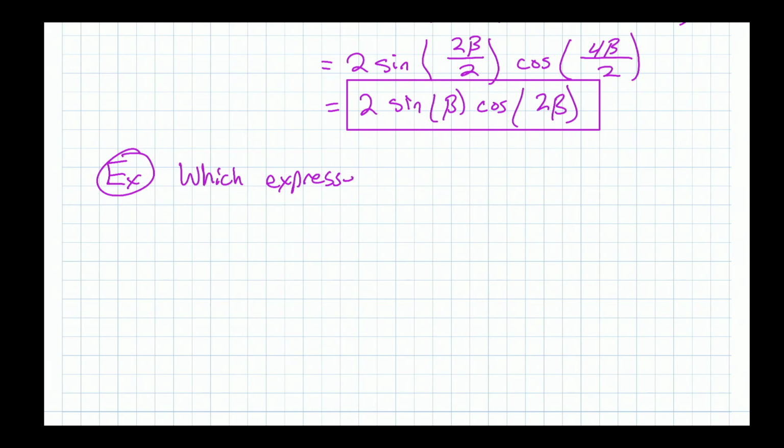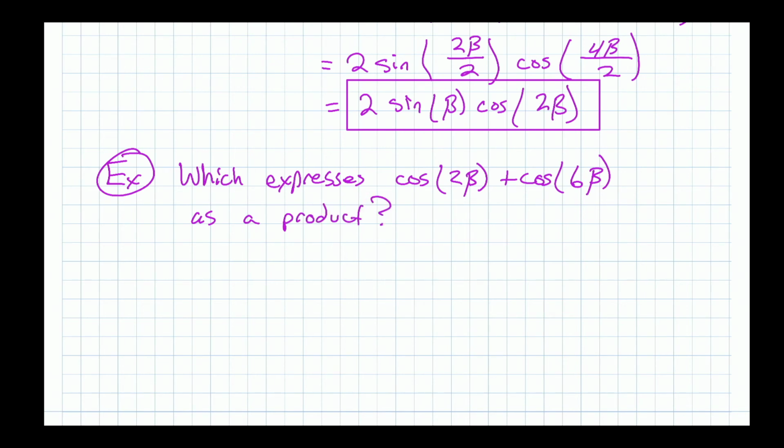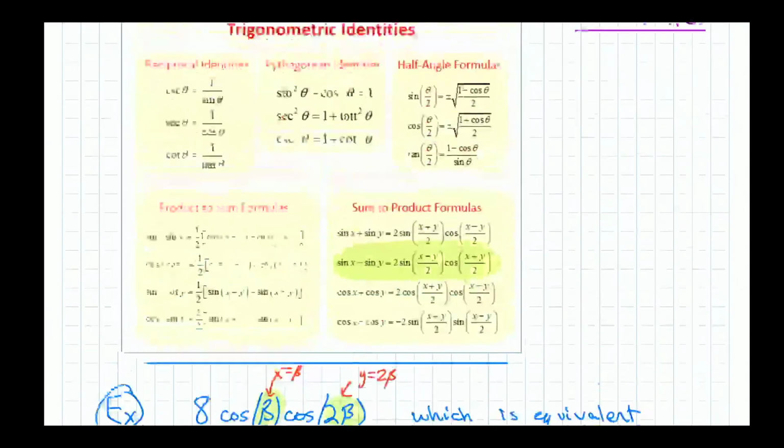So which expresses cosine 2 beta plus cosine 6 beta as a product? So that's the same question as the previous one, really, but this one's a cosine cosine with a plus, right? Cosine cosine with a plus. Cosine cosine plus. So we look up here.